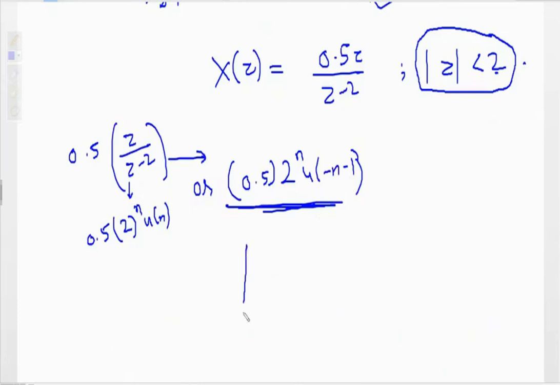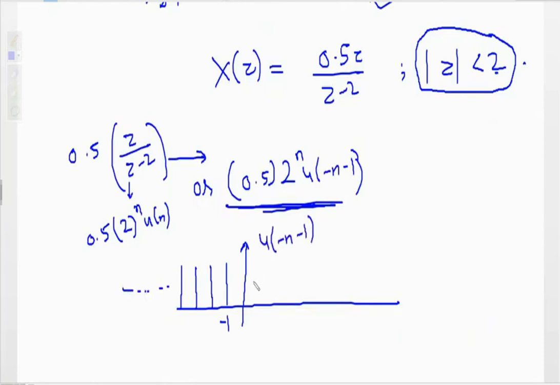Then the graph of u of minus n minus 1 is like this. We start from minus 1 up to minus infinity. This is the graph of u of minus n minus 1, amplitude 1. Here the value of u of minus n minus 1 at the origin is 0.